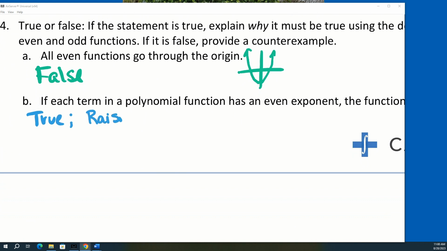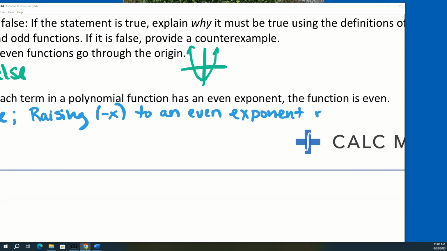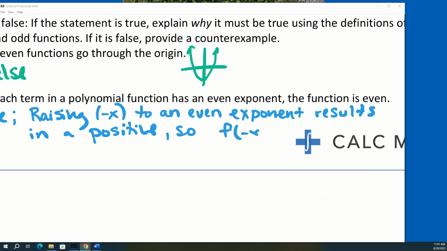Because raising negative x to an even exponent results in a positive. So f of negative x would equal f of x.